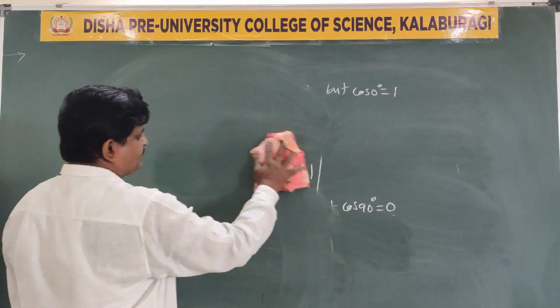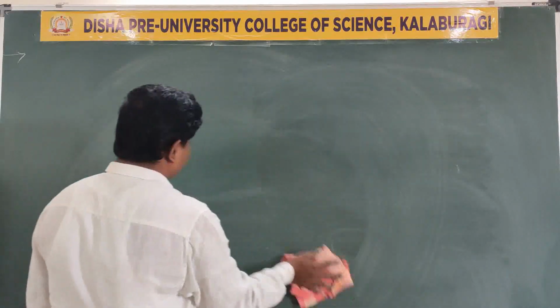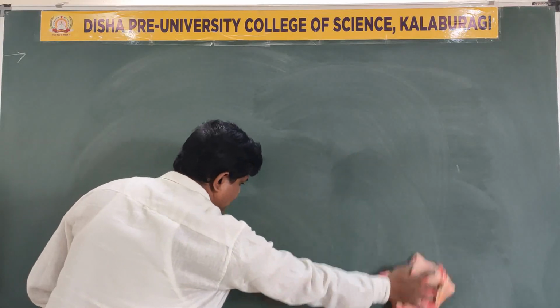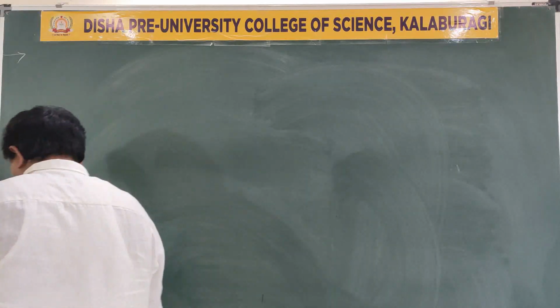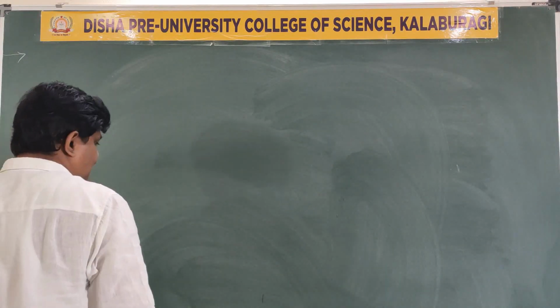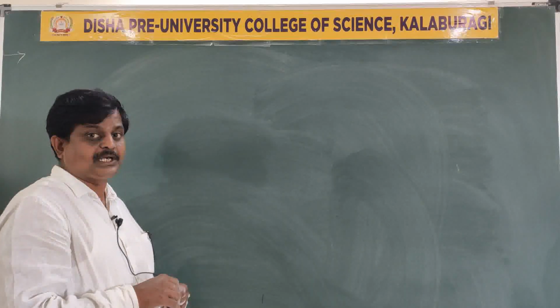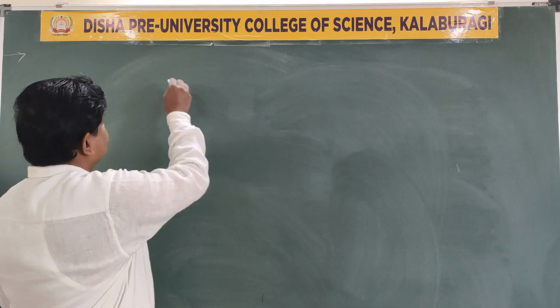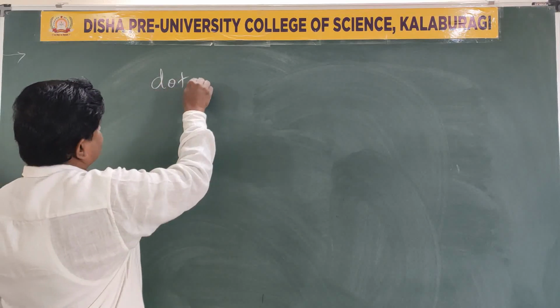Now, one more property: the dot product of two vectors is commutative. What does commutative mean? When you operate a dot b, it will be the same as b dot a. How? Let us see.